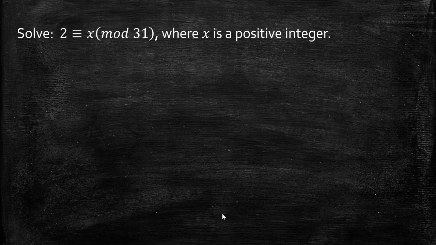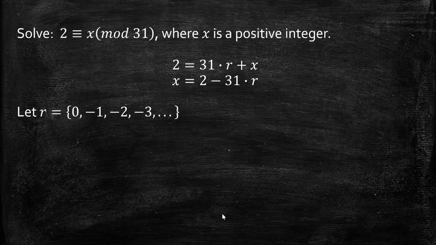Well, if you think about this, we rearrange it into x is 2 minus 31 times r. The r values that are going to make x positive are 0 and the negative integers. If r is a positive integer, then x will certainly be negative. So we're going to plug in 0, -1, -2, -3, and so on. And so these are the values that we'll get.